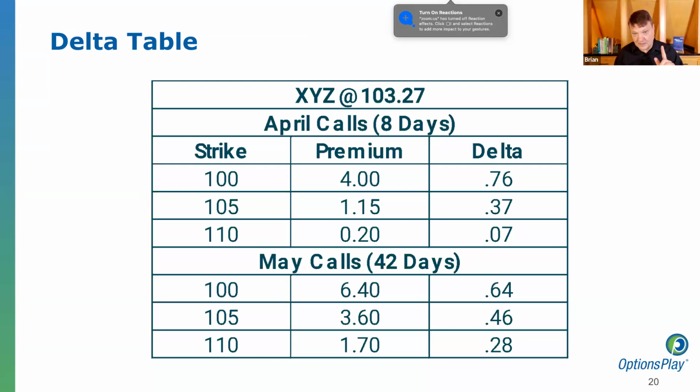So if you flip this script and you're not talking about buying option contracts, think about selling option contracts. Let's look at the 105. I can sell this 8-day and get $1.15, but if I sell the 42-day, I get $3.60. Wow, that's amazing.